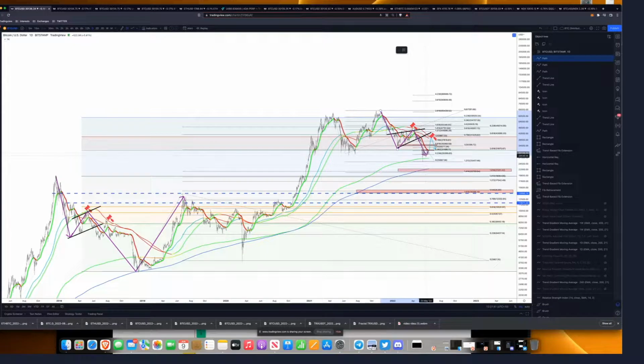As I said, I'm not confident that's C. I think that's C there. And then we have our bounce, and maybe to this level there.